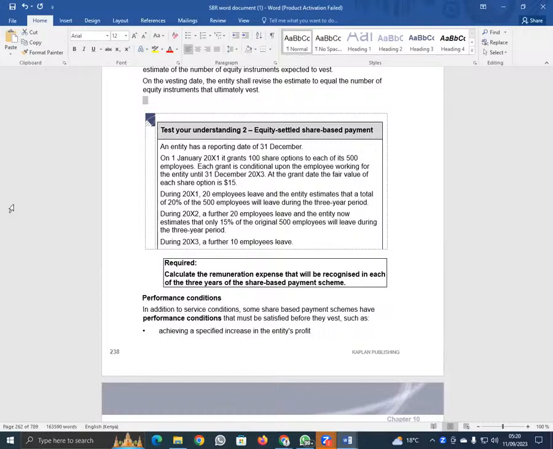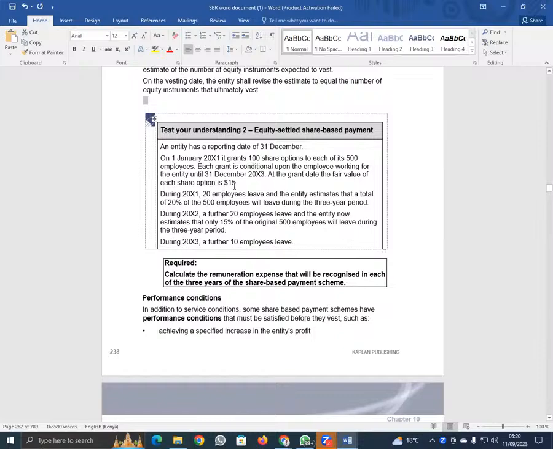If it's an equity settled share-based payment, then what I will have to look at is the fair value at the date we are granting them this promise. We are told here that at the grant date, the fair value of the option is 15. This is so important.